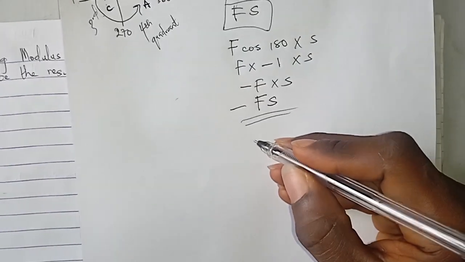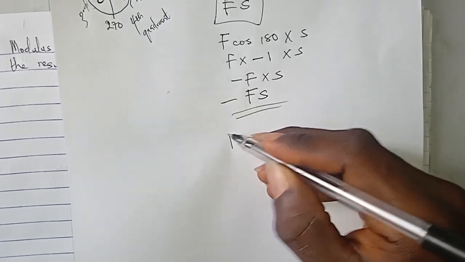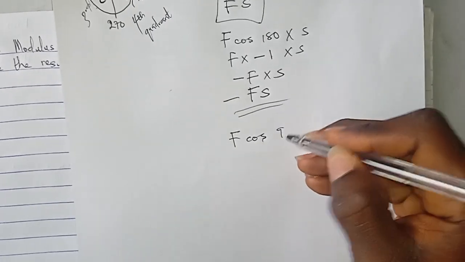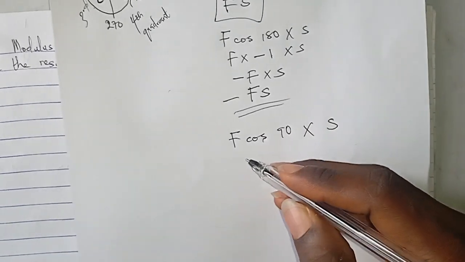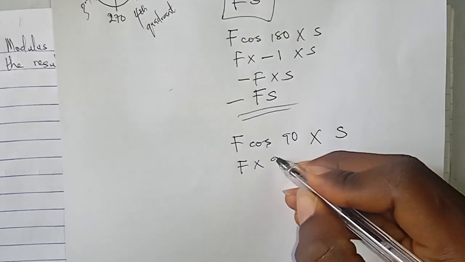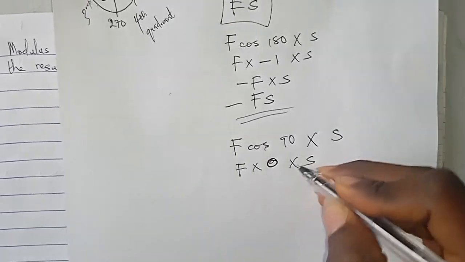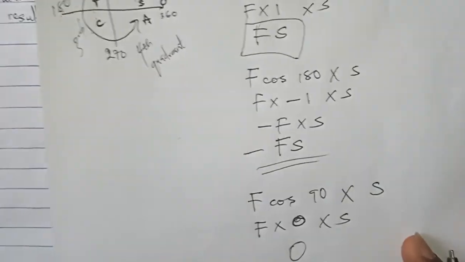So that is the displacement. This will be the same thing as saying F cos 90 times s, and cos 90 is 0. So it will be F times 0 times s, and anything times 0 is 0. So you see, it's very important to take note of this.